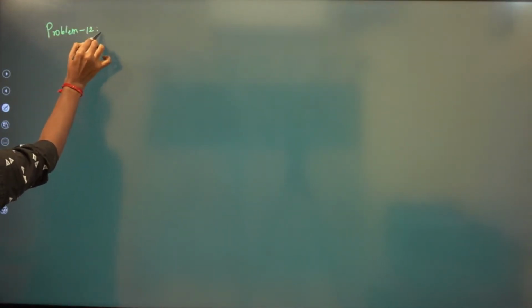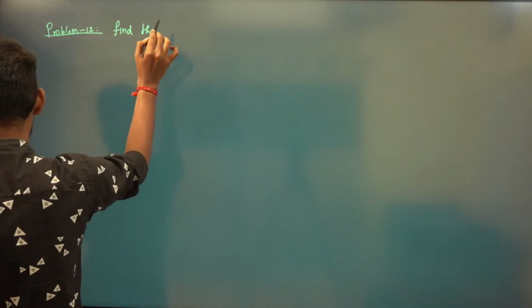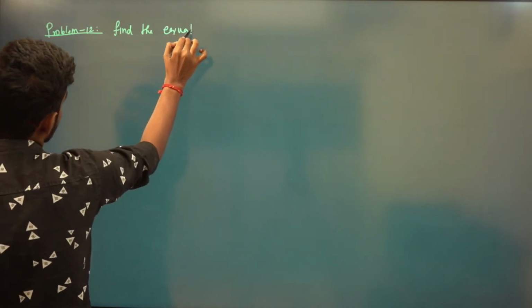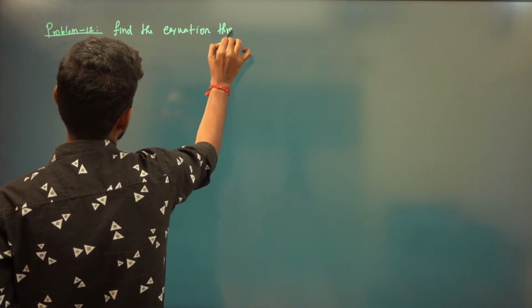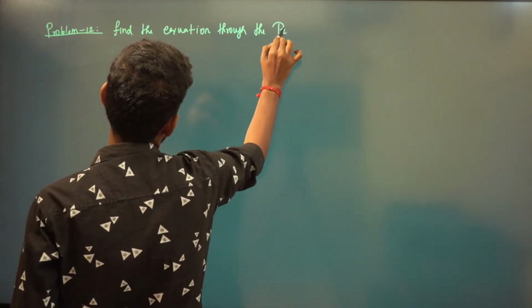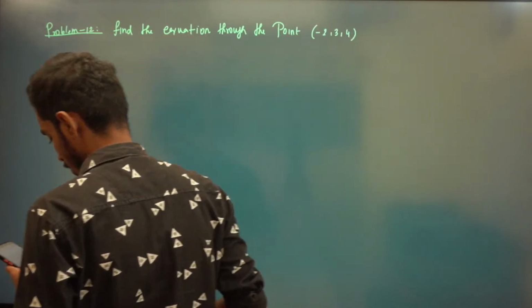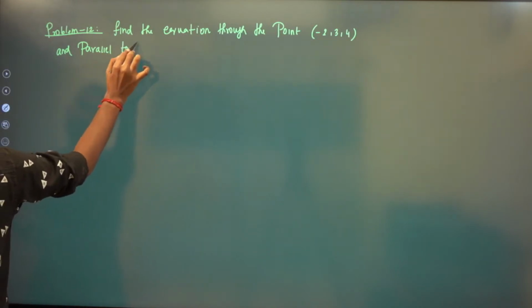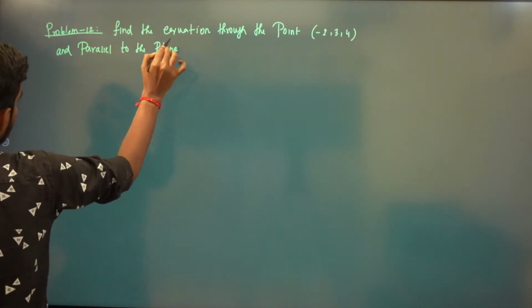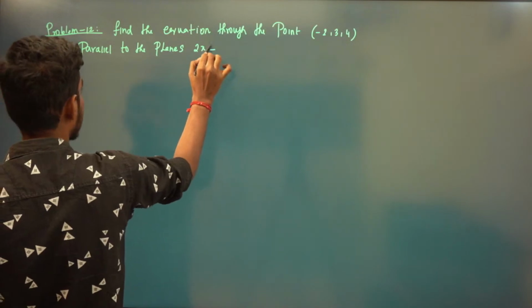So problem 12. Find the equation of line through the point minus 2, 3, 4 and parallel to the planes 2x plus 3y, 3x plus 4y plus 5z.